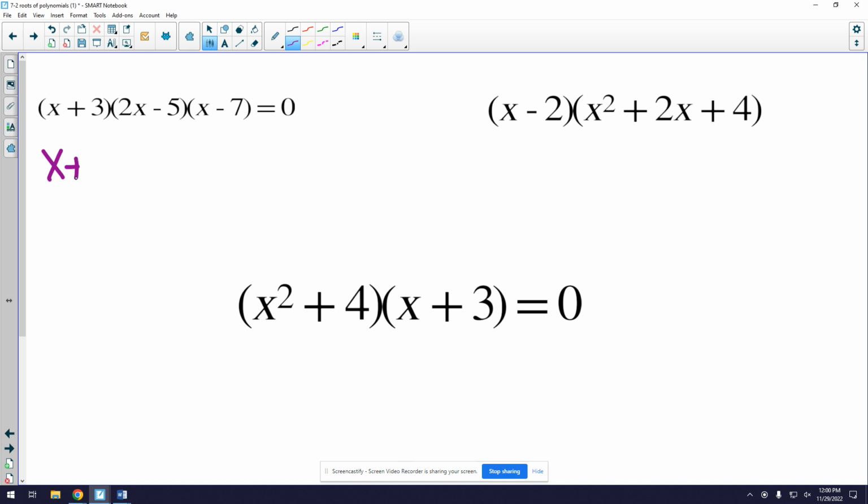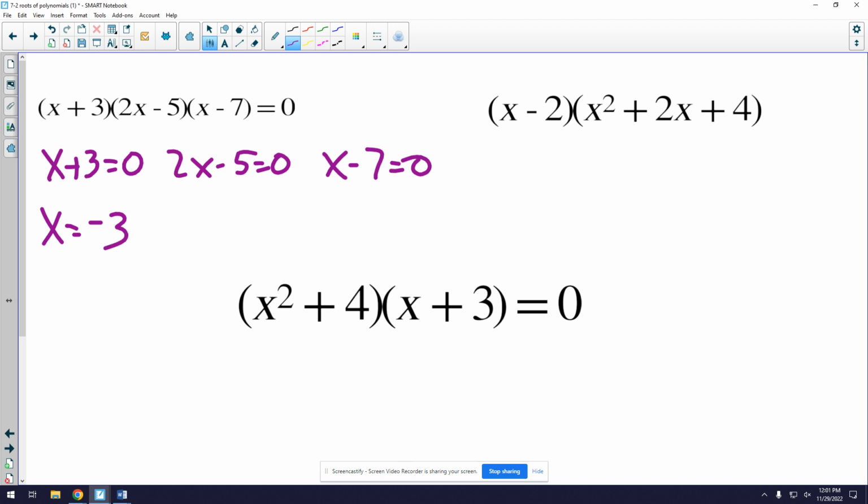So x plus 3 equals 0, 2x minus 5 equals 0, and x minus 7 equals 0. Well, if x plus 3 equals 0, then that means x equals negative 3, right? You would subtract 3 from both sides, x equals negative 3. On that second one, you would add 5 and then divide by 2. So that's going to give you positive 5 divided by 2.